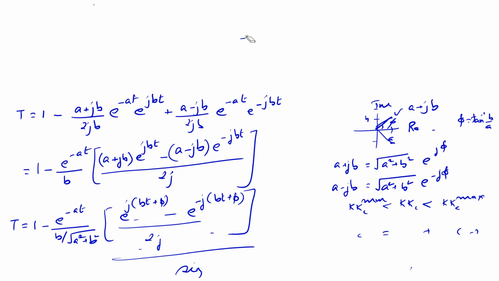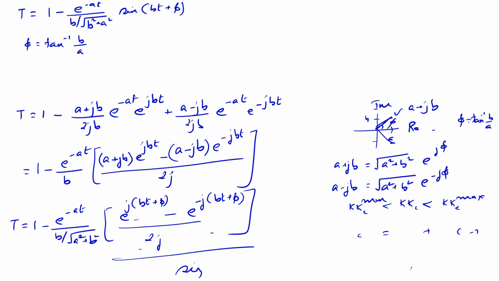The dynamic response for a unit step is equal to e to the power minus at, times b by square root of b square plus a square, times sine of bt plus phi, where phi is equal to tan inverse of b by a.